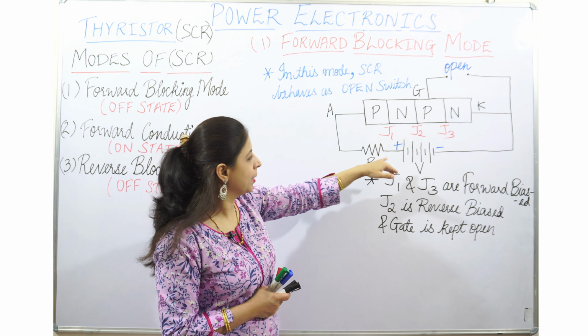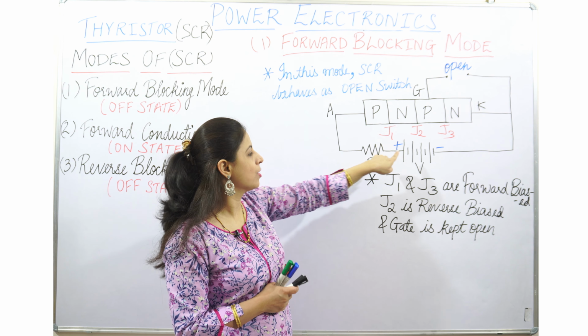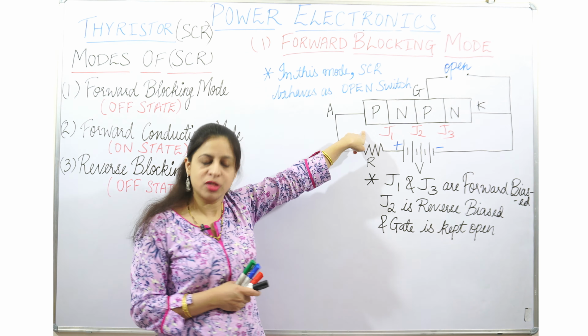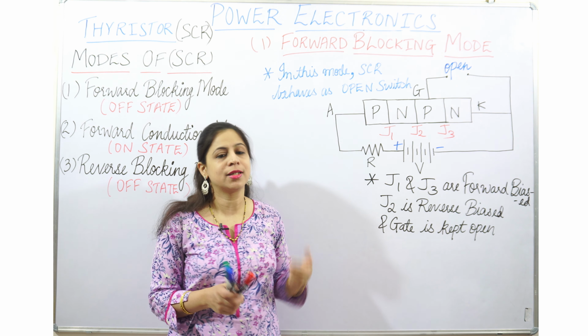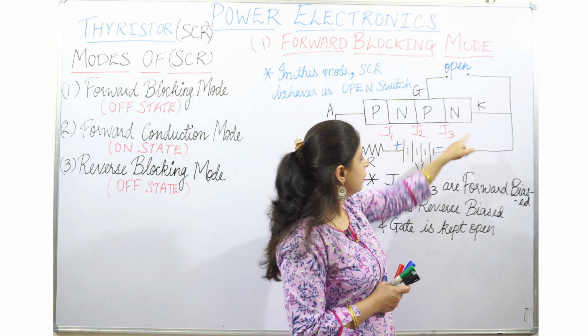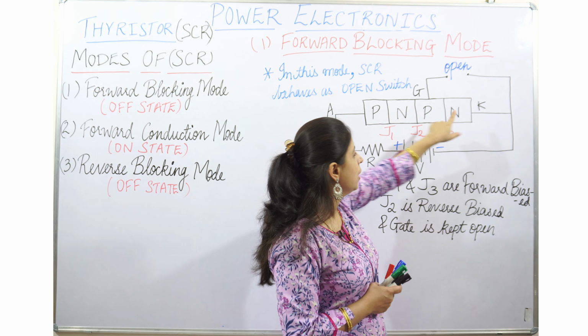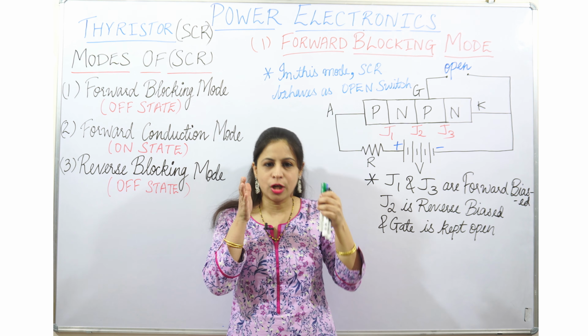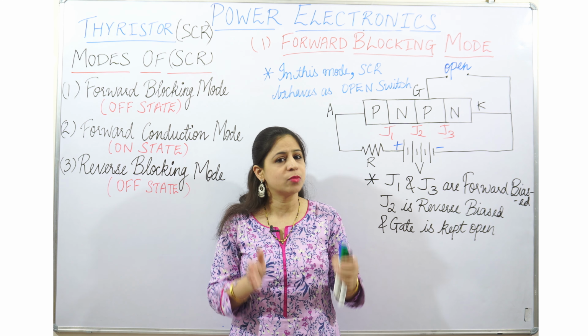What will happen when we connect a voltage source across the anode and cathode? The current will start flowing from the positive terminal of the battery and reach the P-type semiconductor at junction J1. But J2 being reverse biased, it will block the current from flowing further. Over at junction J3, the current can easily pass through the N-type semiconductor and complete the circuit, but in the middle junction J2 is reverse biased, so it blocks the current.